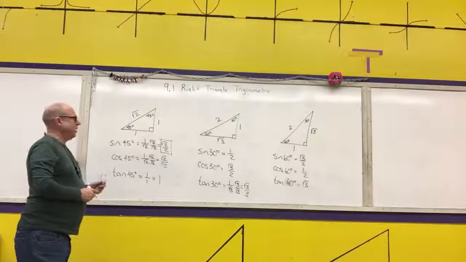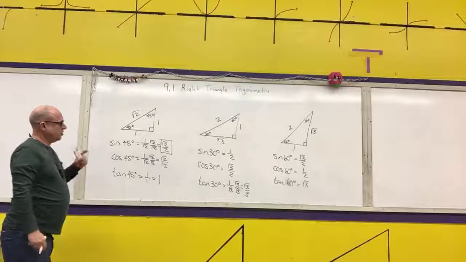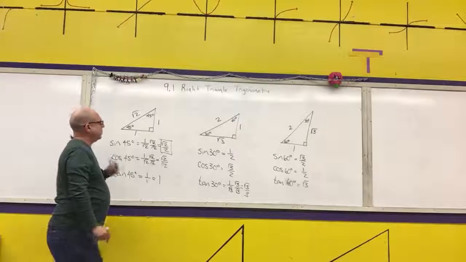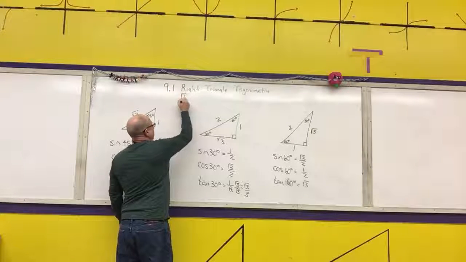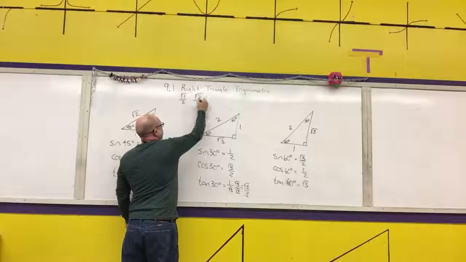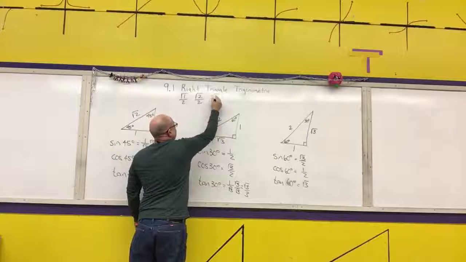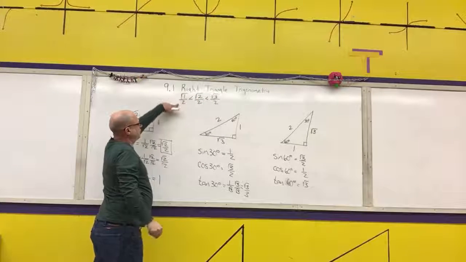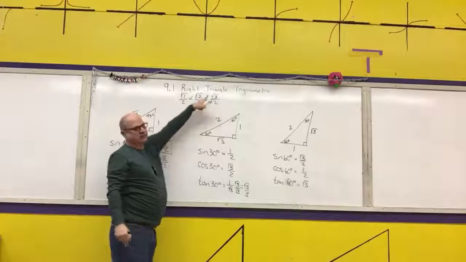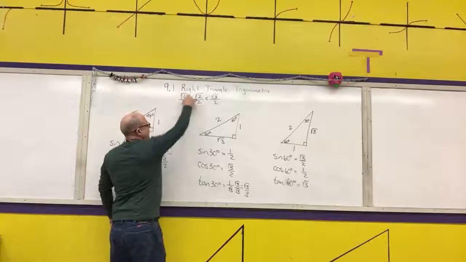So one thing I want you to note, let me write a relationship up here. You should note that the square root of 1 over 2 is less than the square root of 2 over 2, which is less than the square root of 3 over 2. Well, the square root of 1 is 1, so that's 1/2.